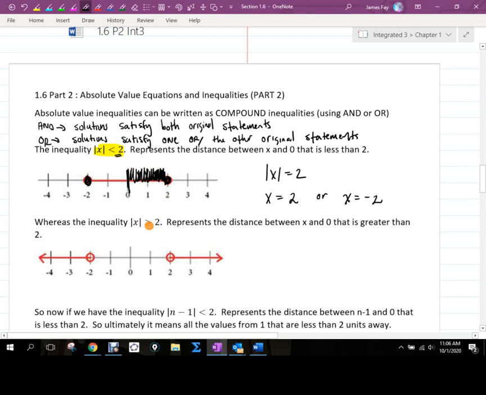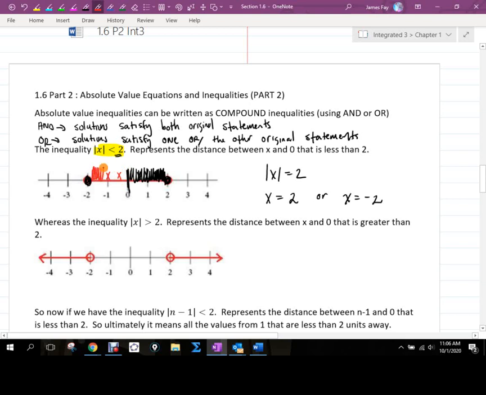Questions on that? Okay. But I could also be a distance less than 2 units from 0 if I was standing there, or there, or there. That distance right there where my cursor is is less than 2 units away from 0. So it should be a solution to my inequality, this yellow inequality here.